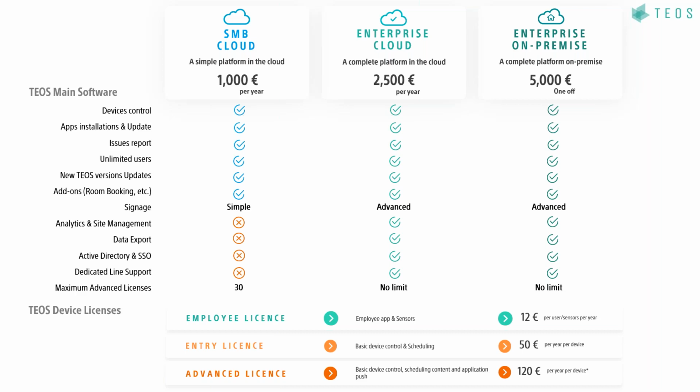Just in terms of price, we didn't really speak too much about hardware today, but for you to know, a 10-inch tablet with LED on the side, green and red, and built-in RFID is at 450 euro approximate price, and the license itself to use room booking is 120. So basically, for just 570, you can enjoy a full room booking solution in front of a meeting room for employees to be able to use and to play with it.